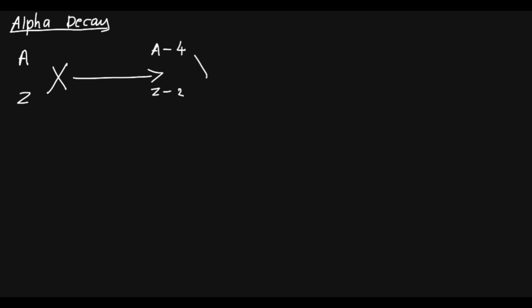Therefore, it will give us a new atom Y, which is the daughter, plus the notation He 4 and 2. So this is what it means. So this 4 represents that you subtract 4 from the mass number, then 2 from the atomic number.